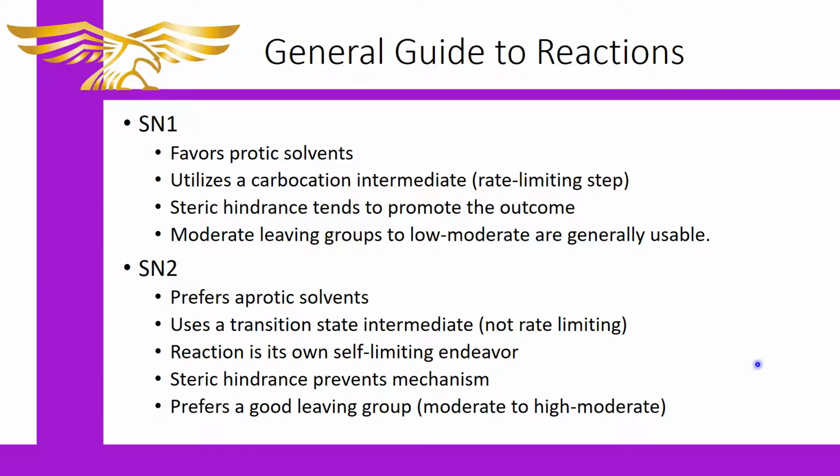Therefore, you have probably learned in class that bromine is a more favorable leaving group compared to chlorine, and that iodine is the most favorable of the halides that are used in terms of leaving groups. However, iodine also tends to move backward as well as it moves forward, which is why it is not the most commonly used leaving group.